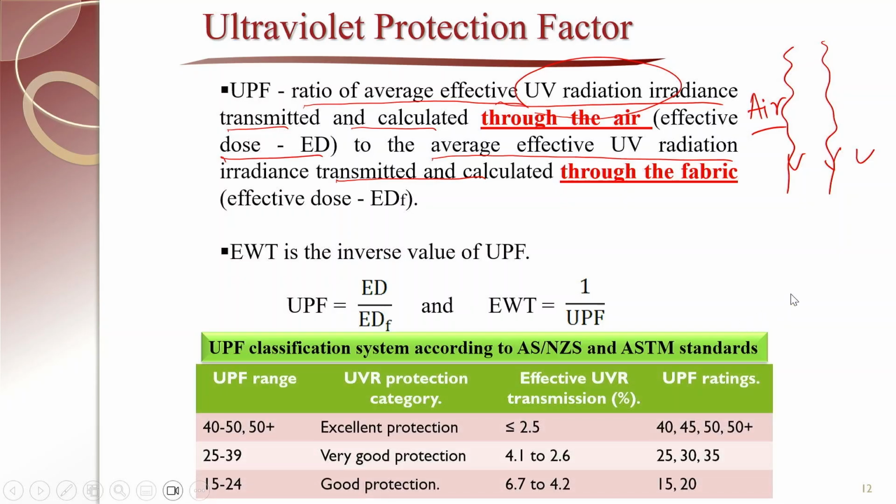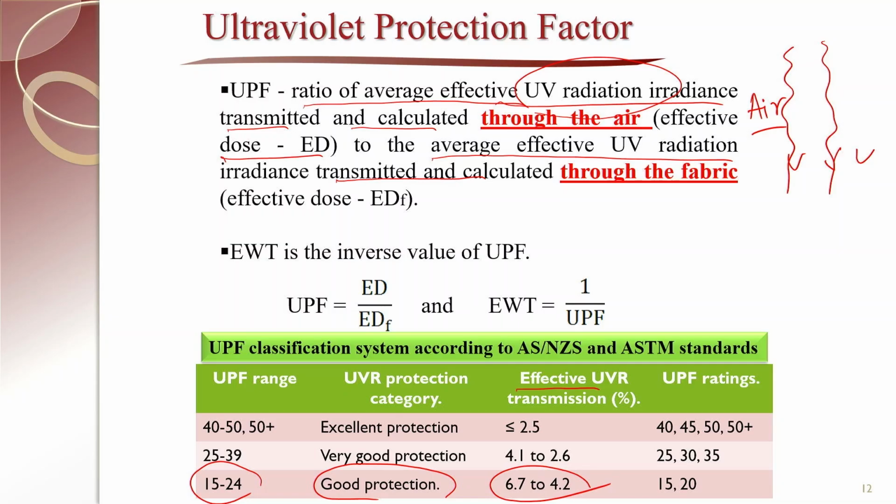Now, you can see the UPF range. Typically from 15 to 20 we can call it good protection, and the effective UV rays transmitted are typically 4 to 6%.